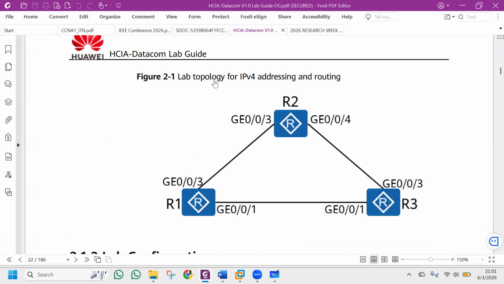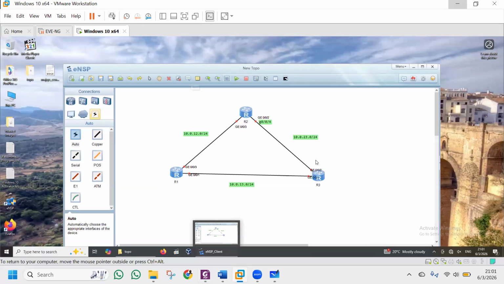That's the other one. I'm just labeling my networks so that I can tag those into my configs, so we don't get confused. So instead of 0/0/2, this one is actually 0/0/3. Instead of 0/0/3, it's actually 0/0/2, the other way around.